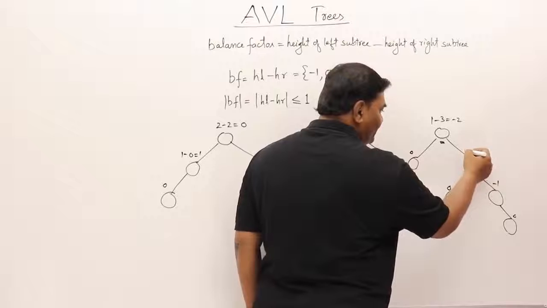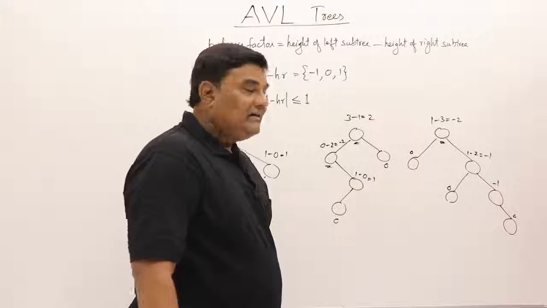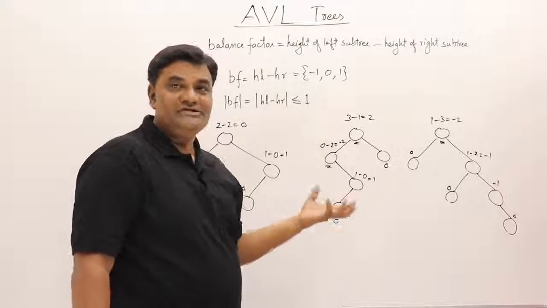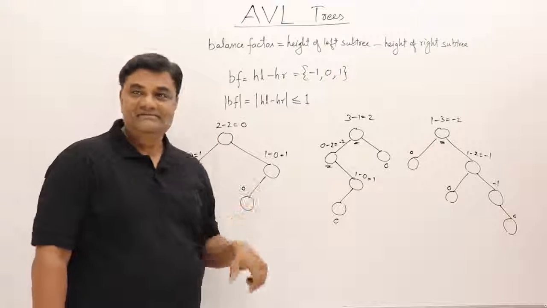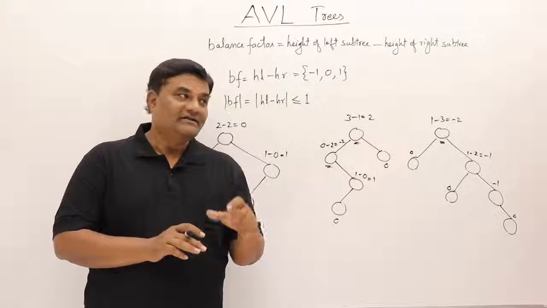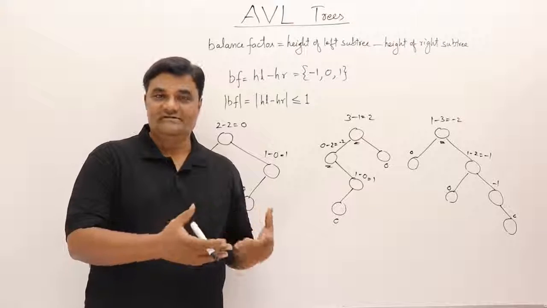This is 1 minus 2. 1 minus 2 is minus 1. That's all. These two trees are imbalanced. They have some nodes which are not height balanced, but this tree is perfectly balanced. Now we'll learn about rotation. If any node is imbalanced based on the balance factor, then rotations are performed for balancing that node.